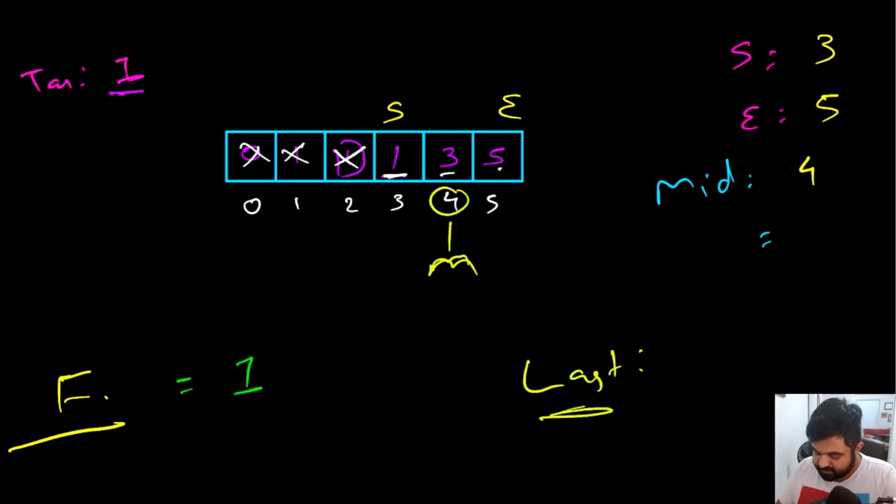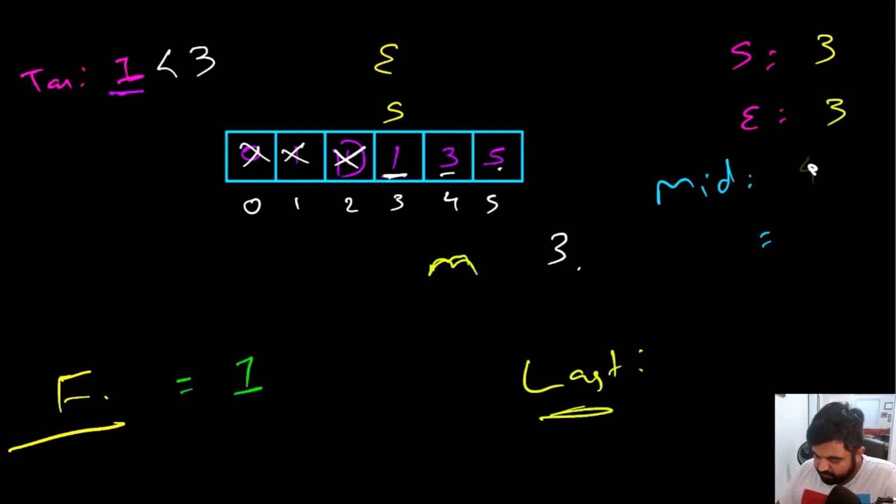So now, this is our set of values. We find the middle value, 3, is actually greater than our target value. Because of that, we again have to shift our end pointer to the left hand side. If we shift it, our end pointer is going to end up over here. Currently the starting and ending values are both located at position number 3. So obviously the middle value is also going to be located at position number 3.